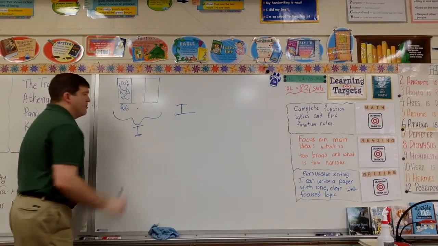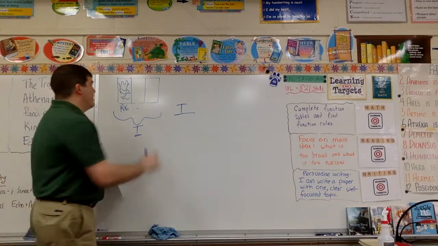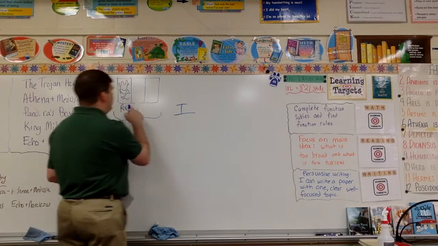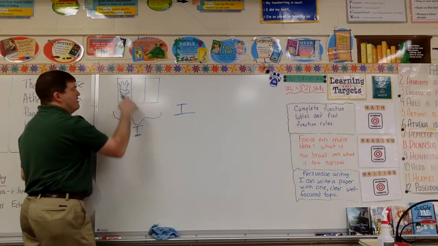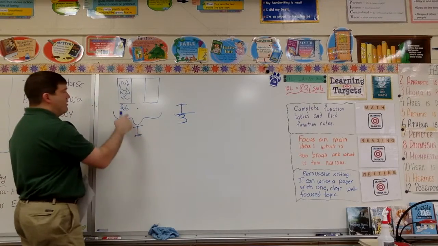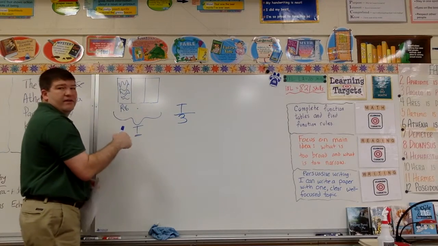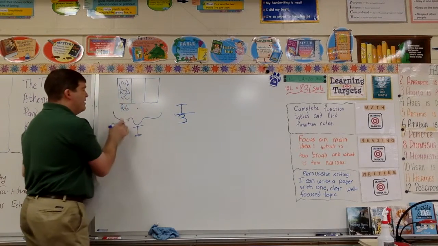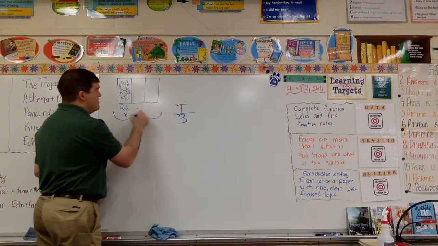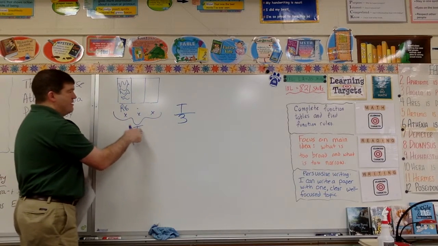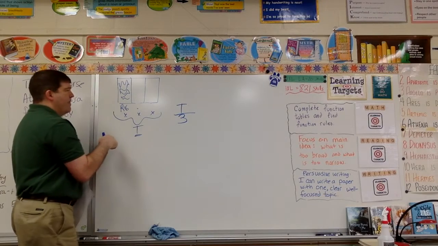So this is my variable, total tomatoes. If I divide this total by 3, that'll give me this, this, and this. Divide this by 3 ways.